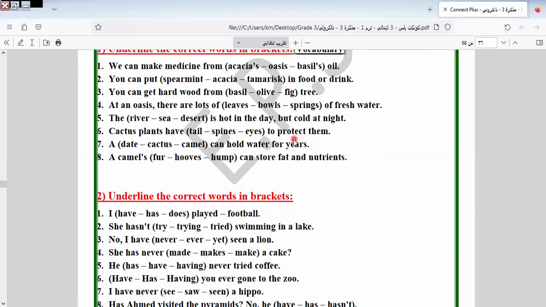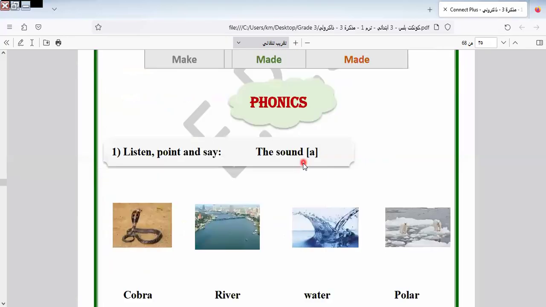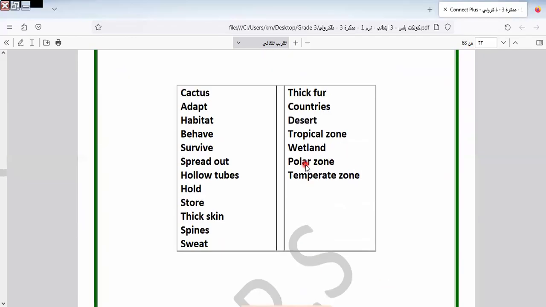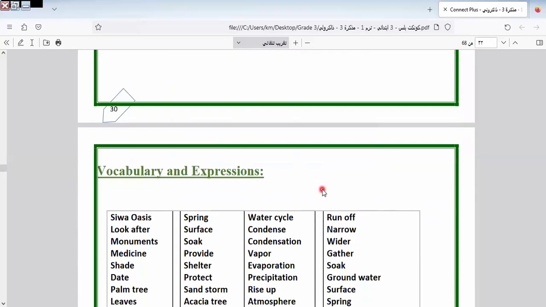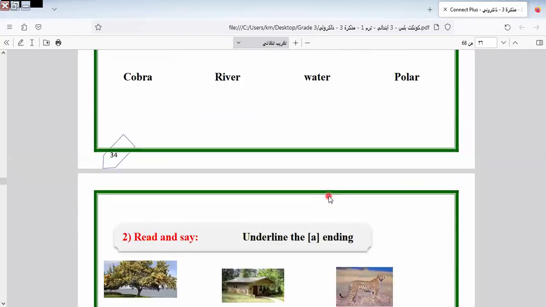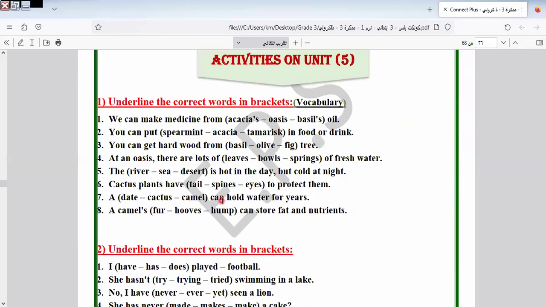Cactus plants have space to protect them. A space can hold water for years. What can hold water for years? A cactus can hold water for years.